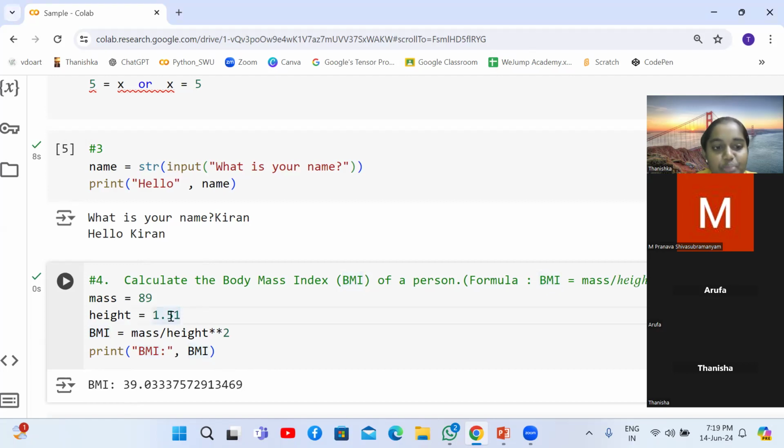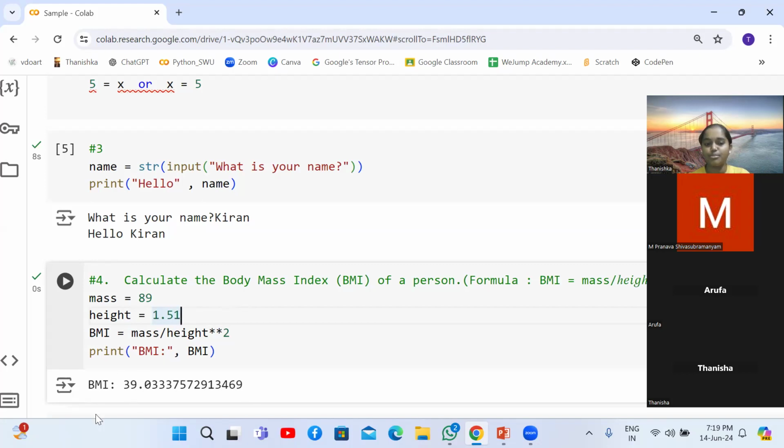So before we missed a point, so I wrote it in centimeters. That's right. So if you want to calculate your BMI, then your weight in kilograms, you know that already, and then your height in meters. So 151 is 1.51 meters. And then you can calculate and then you can print it.